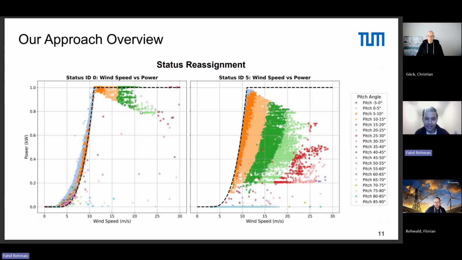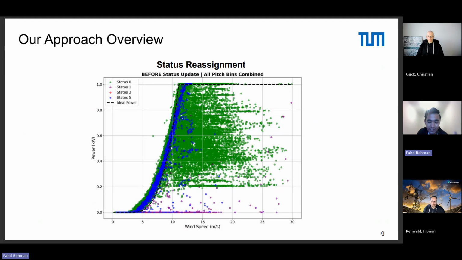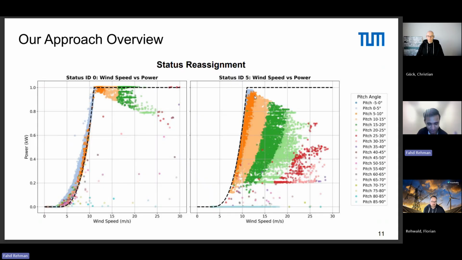Although there's an ideal formula for the pitch angle based on the power production, we have limited data available. For example, I need the rotor diameter and rotational speed, which was not available to me. So I have used the cubic cosine function. In this way, you can see status 0 and status 5 are redefined now, as compared to the original data set.